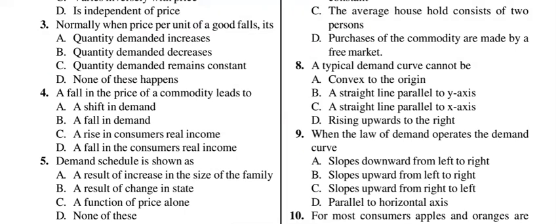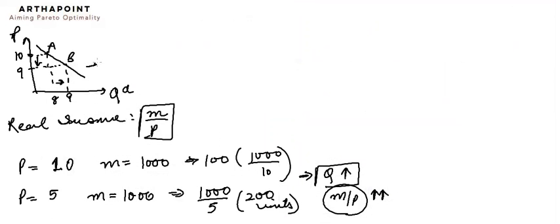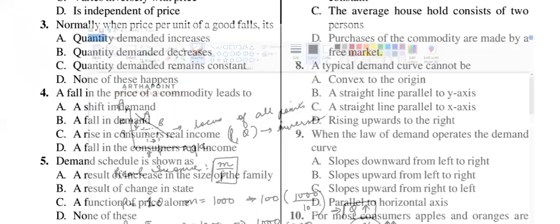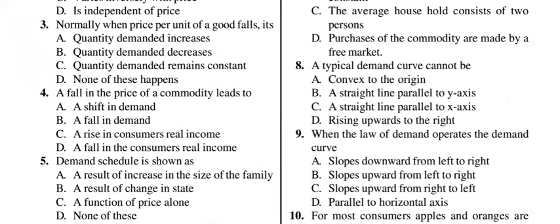It says demand schedule is shown as. So demand schedule is nothing but the locus of all points PQ, and the locus of all these points shows an inverse relationship between quantity demanded and price. So let's go to the question now. Demand schedule is shown as a result of increase in size of family, a result of change in state, a function of price alone.